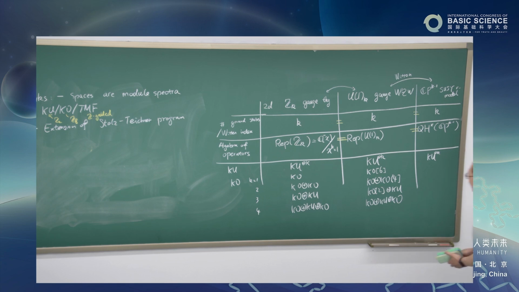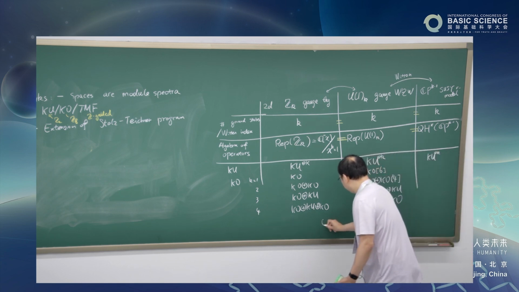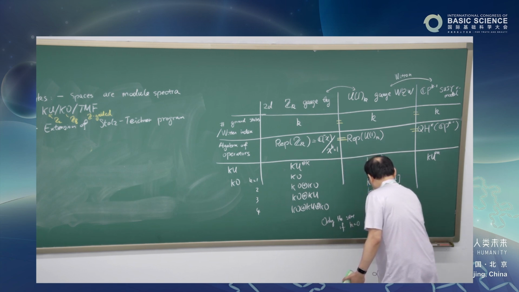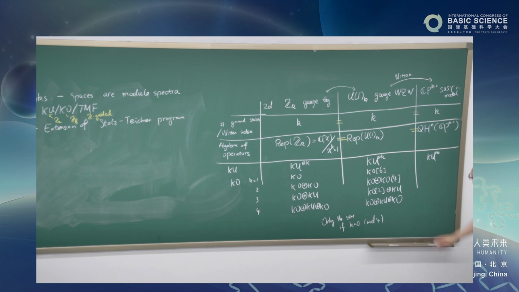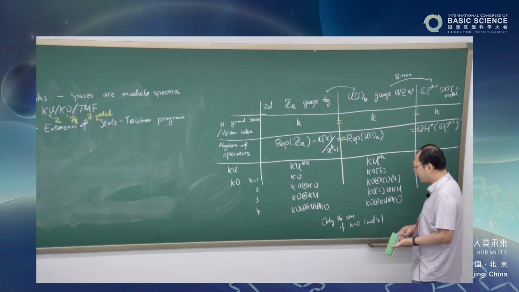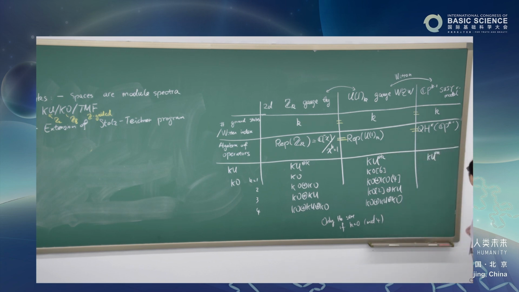So you see that they are only the same if K is 0 mod 4. Otherwise, they're actually different phases protected by time reversal symmetry.